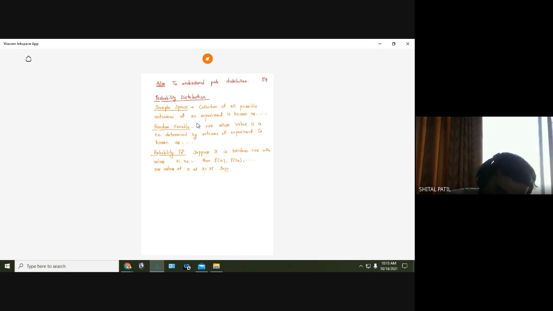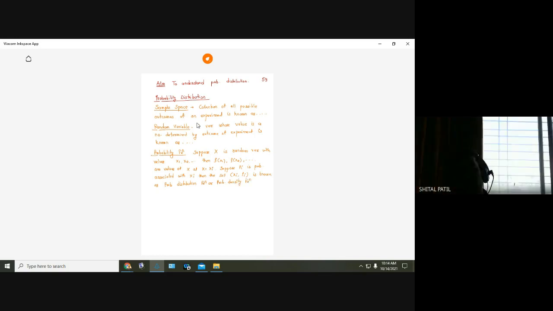Then suppose pi is the probability associated with xi, then the set of xi and pi, the random variable and the corresponding probability, is known as the probability distribution function, or probability density function.